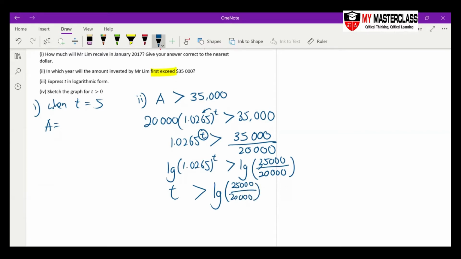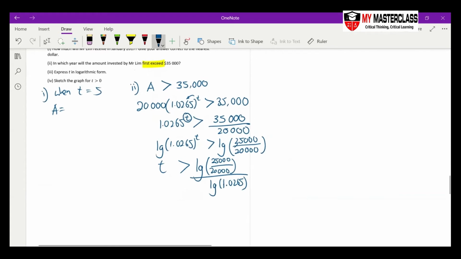Maybe I'll change the example later. This is still okay because when you key in this guy, it is positive, this guy is positive, and this guy is also positive. So when you divide, nothing changes.